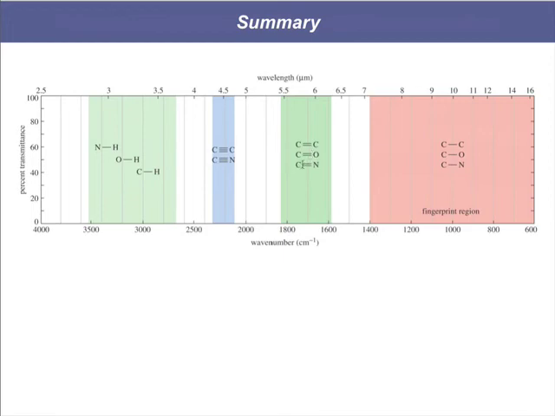Those will be in this region. They will tend to be stronger peaks, and again, they can change depending on whether they are conjugated or not. We've got our triple bond region. Carbon-carbon triple bonds will be a little bit below 2200, and they will be moderate or weak. Carbon-nitrogen triple bonds will be a little bit above 2200, and they will usually be strong.